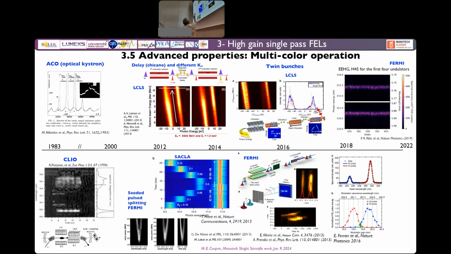So this can be done with different series of undulators tuned at different wavelengths, but you can also do it by using two electron bunches of different electron energies. Since the wavelength depends also on the energy of the electron beam, then you can have two FELs at different energies coming from the two different bunches.